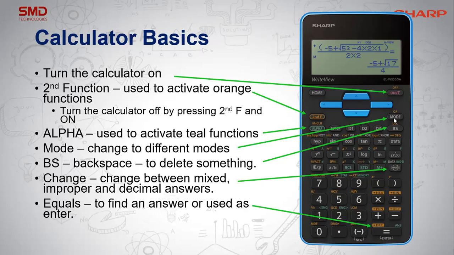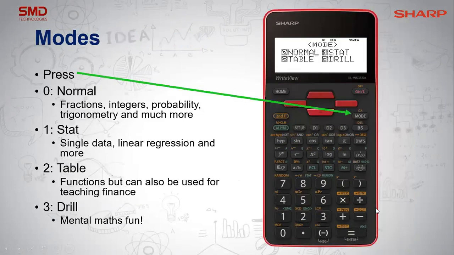You've got mode, which gives you access to the 4 different modes, and I'll explain that in a little bit. And then, of course, BS is for backspace, and it means delete. Change will change the way that your answer looks. It will change between mixed, improper, and decimal. And then, of course, your equals button, which will show you what your answer is.